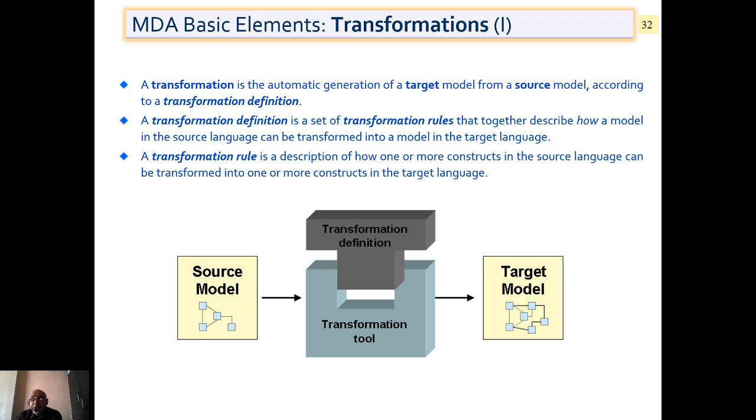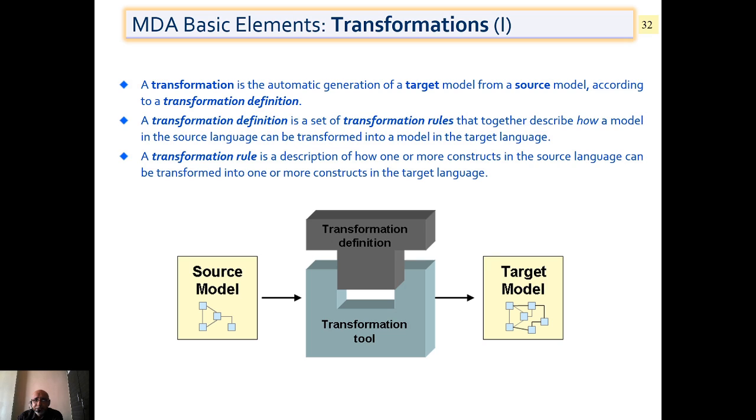Right from text to text transformation, text to model transformation, model to text transformation, model to model transformation, horizontal transformation, vertical transformation, many of these opportunities exist. The transformation is automatic generation of the target model. It means that it's not necessary to redraw the target model according to the transformation definition.